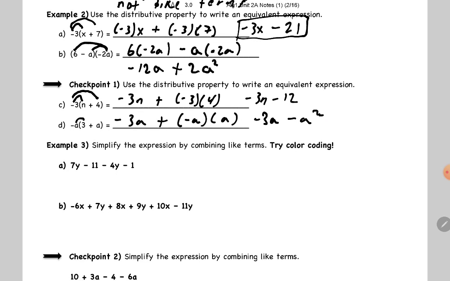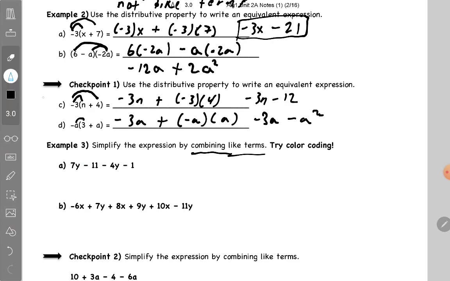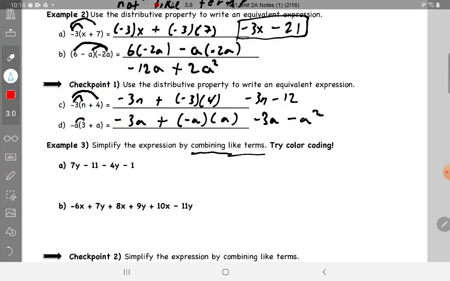So they want me to try color coding. Okay. So simplify the expression by combining like terms. So remember, like terms are, well, they look alike. So let me use a color here, red.